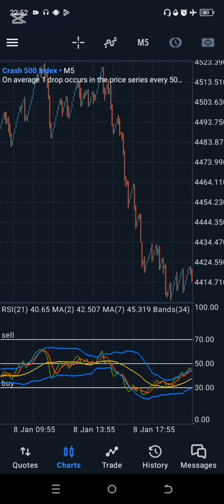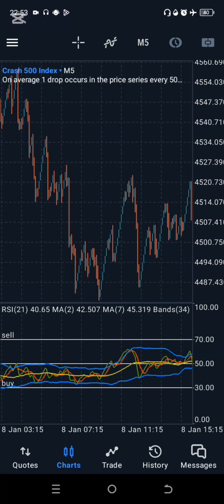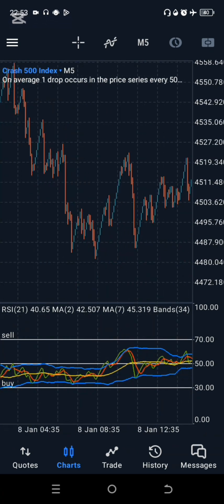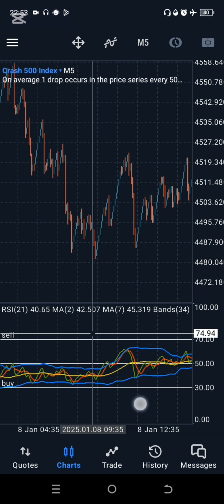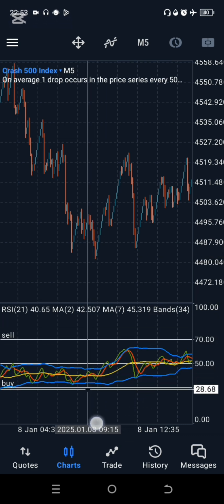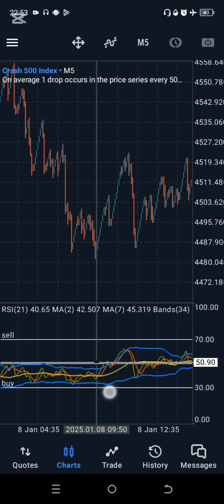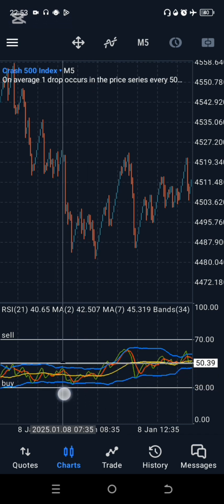Now we're going to be discussing the functions of each level or each line. On the TDI over here, the levels, as you can see, we already labeled them: 70 and 30, and then 50 is the middle.